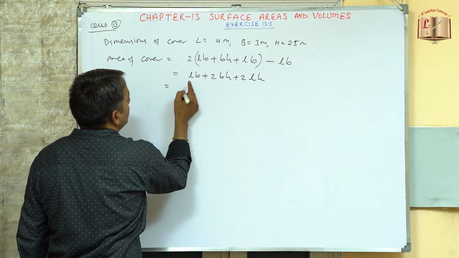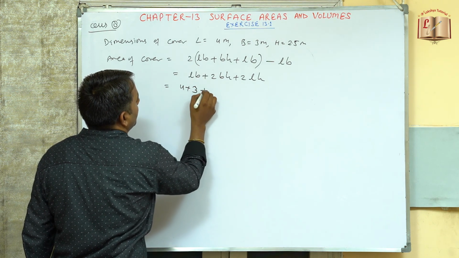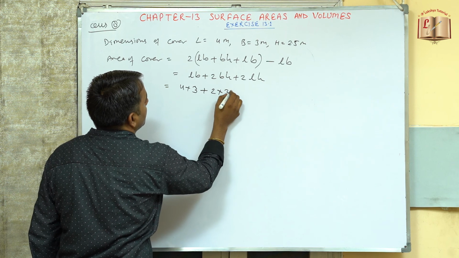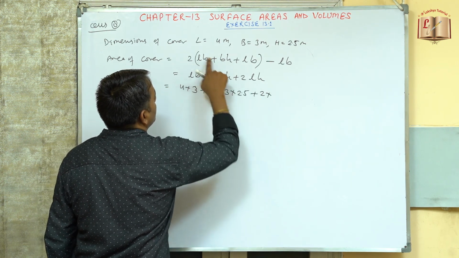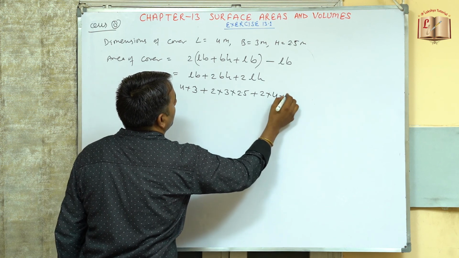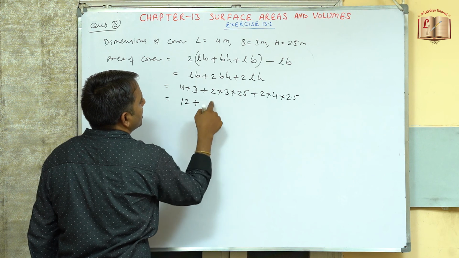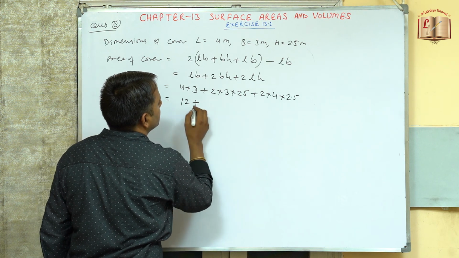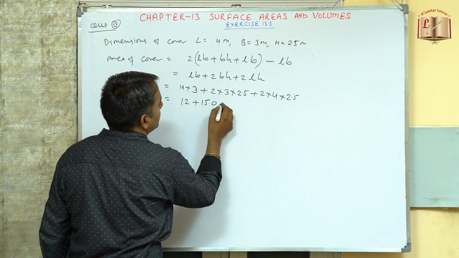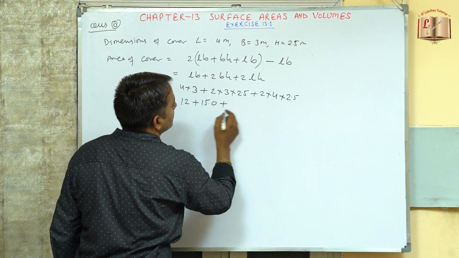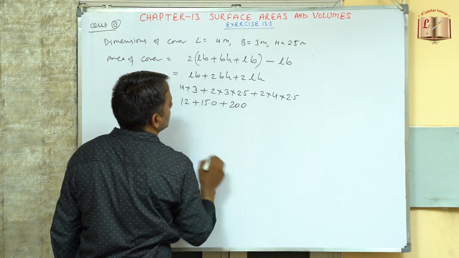So this will be LB, length is 4 into 3, plus 2 times 3 into 2.5, plus 2 into length is 4 into height is 2.5. So this will be now 12 plus 15 plus 20.